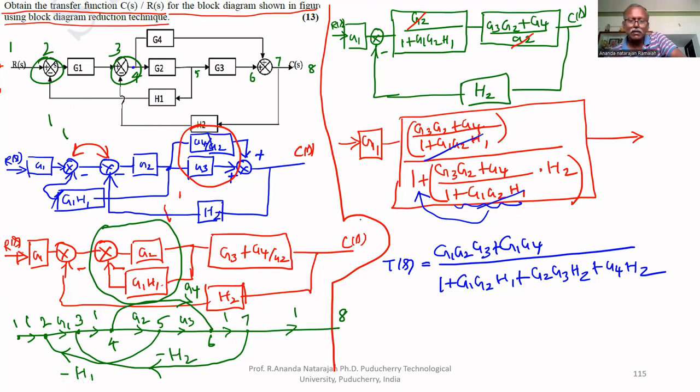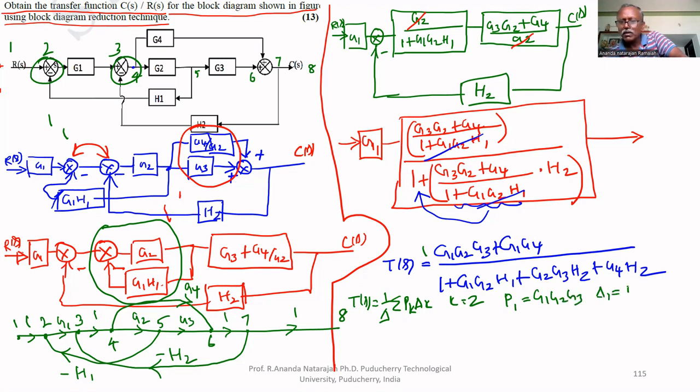Now we have to apply Mason's gain formula. Only 2 forward paths are there. Therefore, K equals 2. T(s) equals 1 by delta, sigma Pk delta k. The first forward path gain is P1 equals G1 G2 G3.